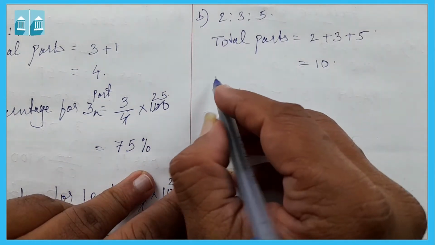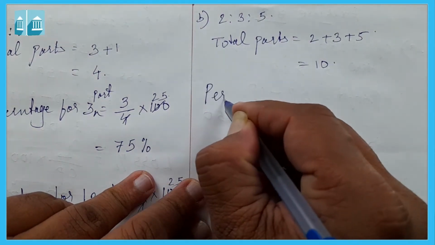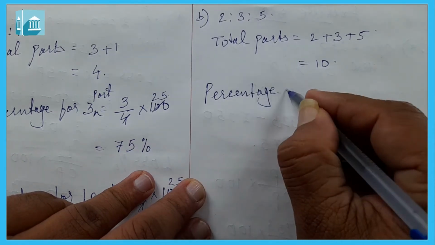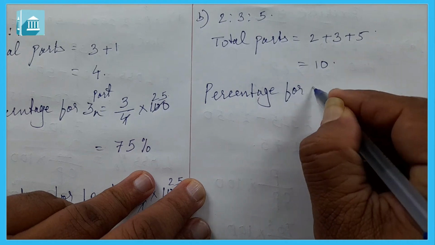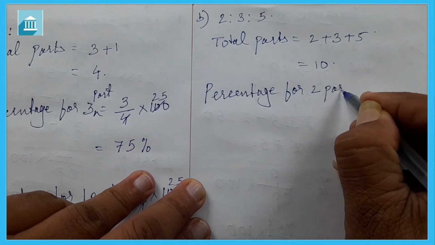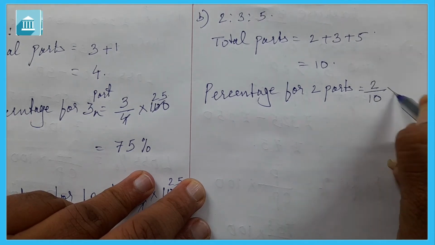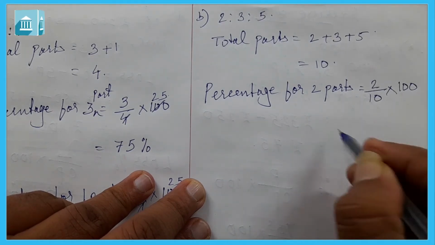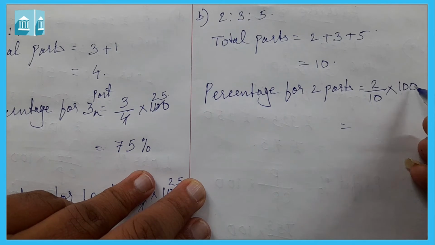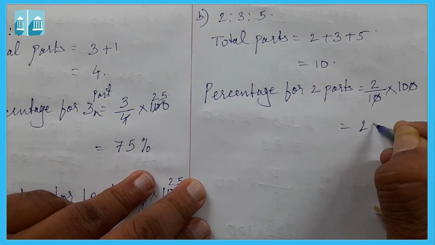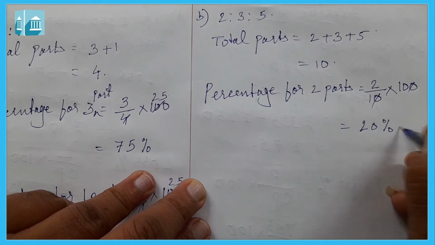Now we have to find out percentage for 2 parts, which is equal to 2 upon 10 into 100. Zero, zero cut, so that is equal to 20%.